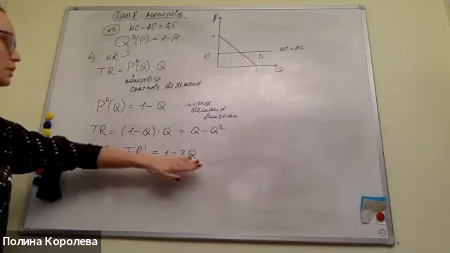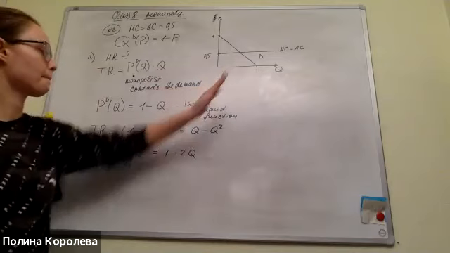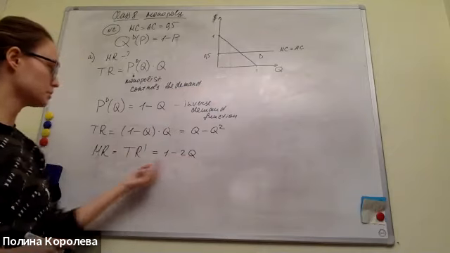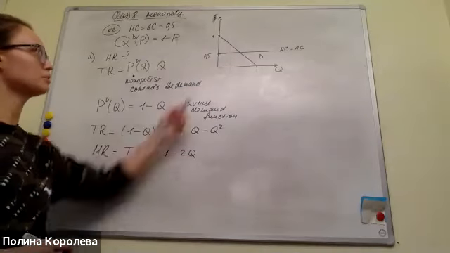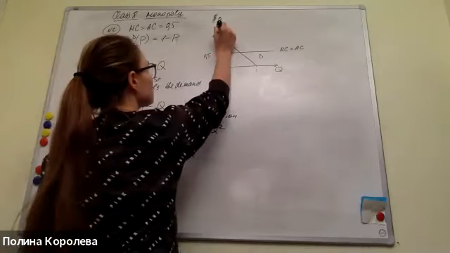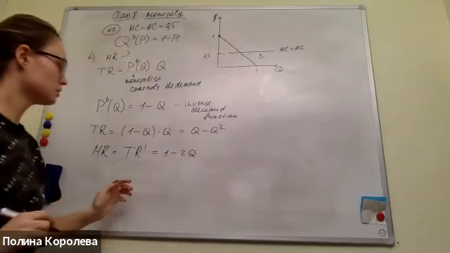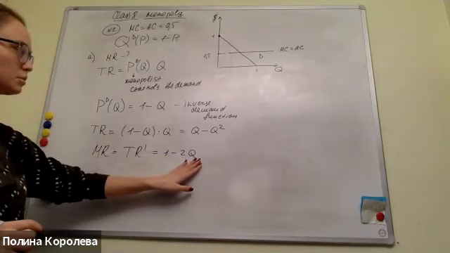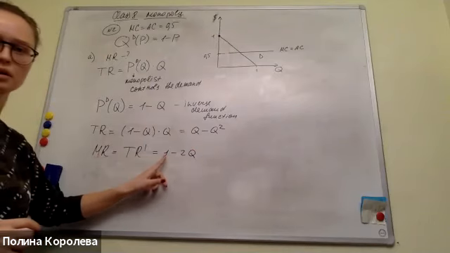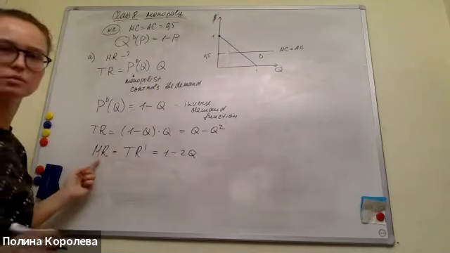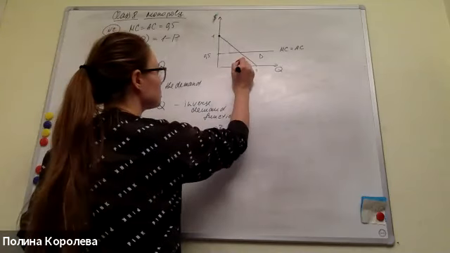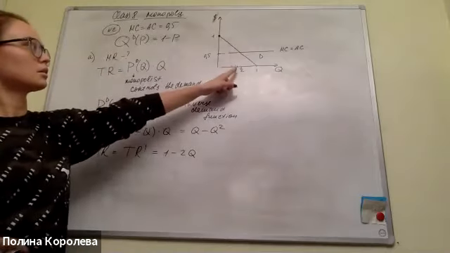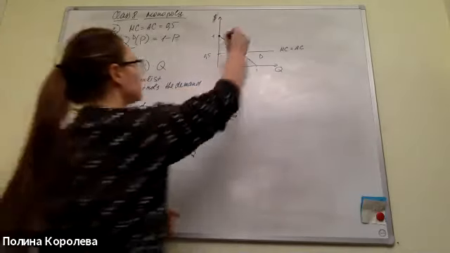So how to construct marginal revenue on the graph? By 2 dots. If quantity is equal to 0, marginal revenue equals 1. So we start from here. And if marginal revenue equals 0, quantity equals how much? 1/2. Yes, to make marginal revenue 0. So quantity equals 1/2 when marginal revenue becomes equal to 0.